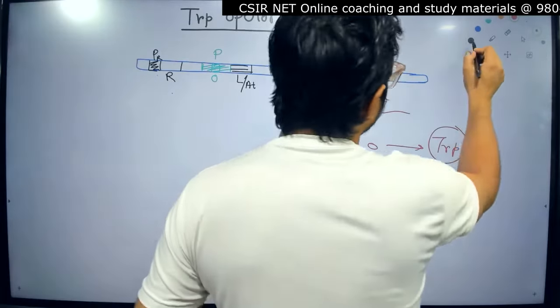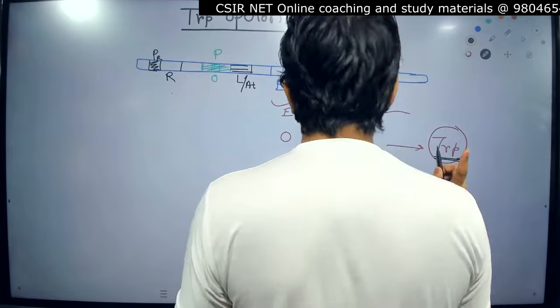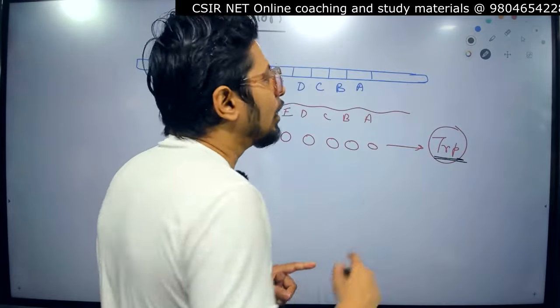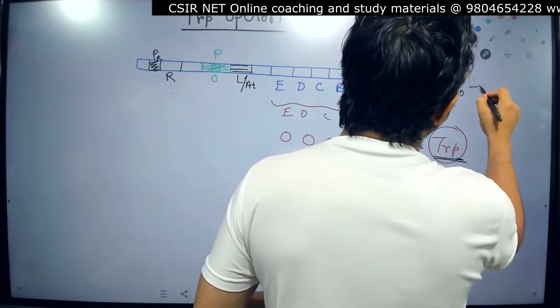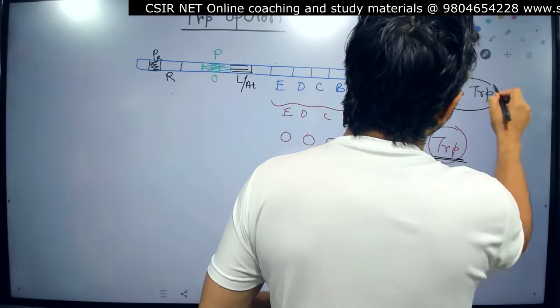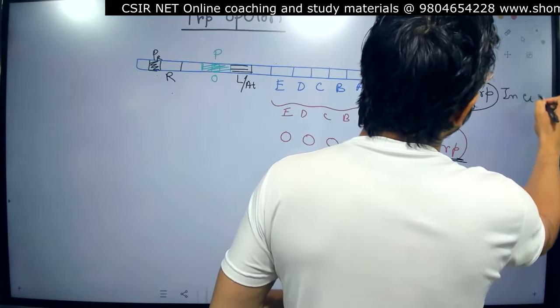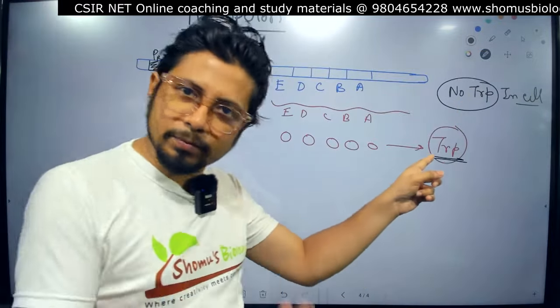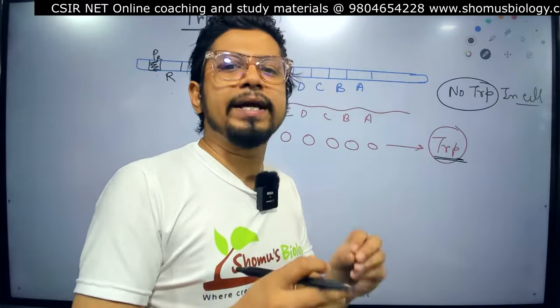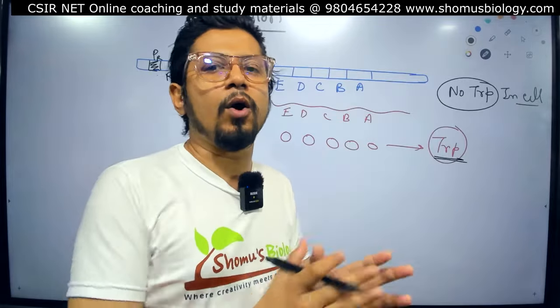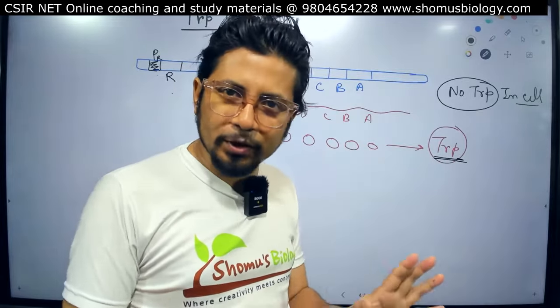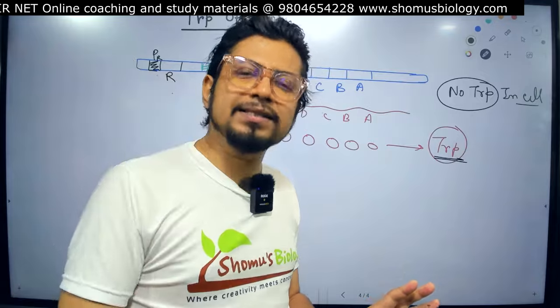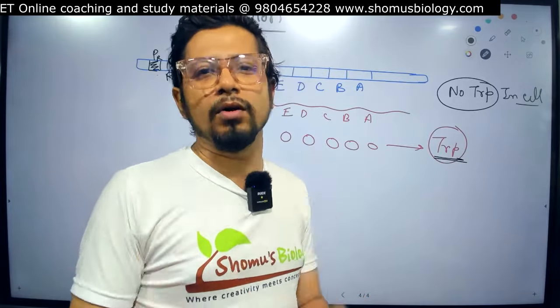Now you want to produce tryptophan, it is necessary, but when will you produce tryptophan? When there is no tryptophan present in the cell or in your environment, then only you will produce tryptophan on your own. If you get readily available tryptophan all around you, you are not going to produce it. To understand operon is to apply your common sense.